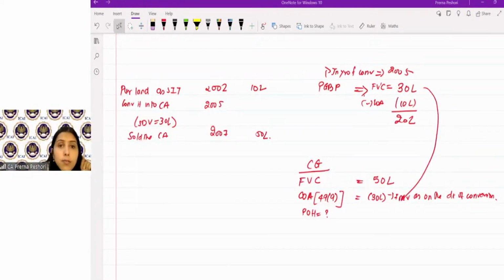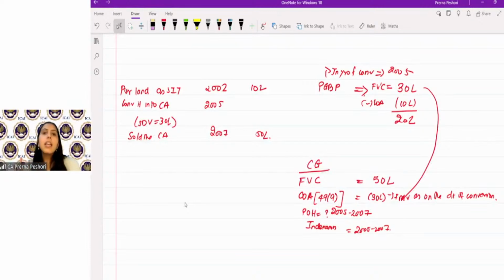Jacob, it will be 2005, the year in which it is converted and not the year in which the capital asset is sold. Clear? Yes, Aniket, you are correct. 2005 to 2007 will be my period of holding. Are we clear? And the same is with the indexation. Are we clear?